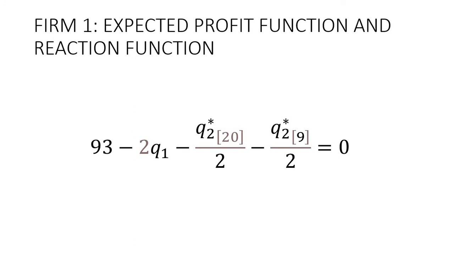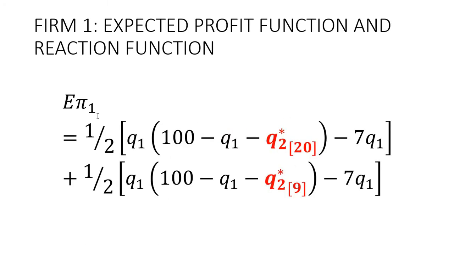So the expected profit function of the first firm is going to be equal to 100Q1 times 1/2 minus Q1 square times 1/2 minus Q1 times Q2 if marginal cost of the second firm is equal to 20, divided by 2, minus 7Q1 divided by 2, plus Q1 times 100 over 2 minus Q1 square over 2 minus Q1 times Q2 corresponding to marginal cost of the second firm equal to 9, divided by 2, minus 7Q1 divided by 2.